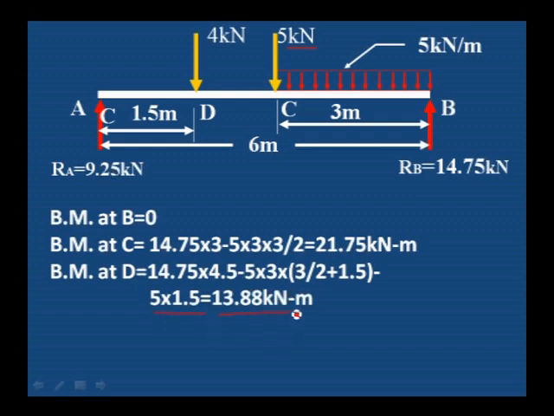Therefore, total moment at D is 13.88 kilonewton meter.